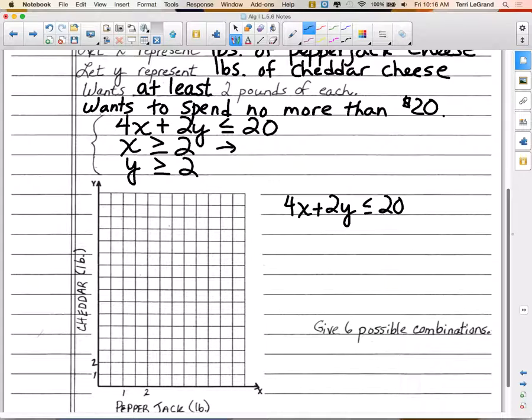The one that crosses the x-axis. Vertical. This is going to be a vertical, solid boundary line. How about this one? It doesn't have any x's in it. What kind of line is it going to be? Horizontal. And it needs to also be solid because of the equal to.